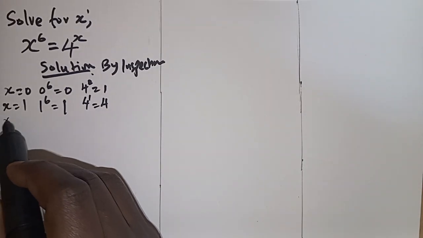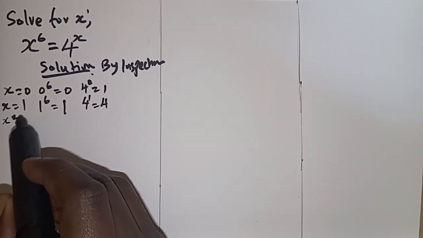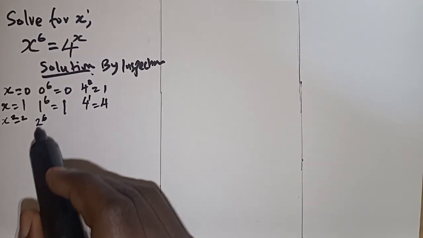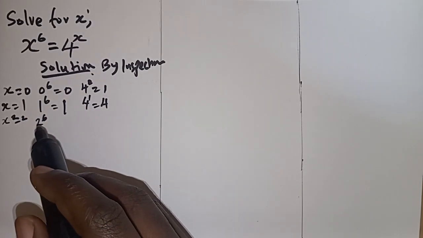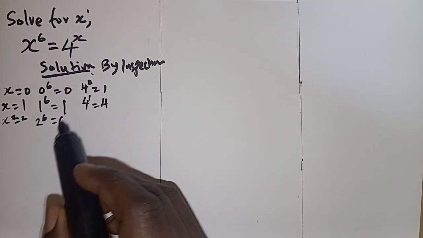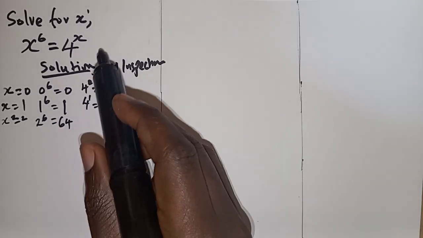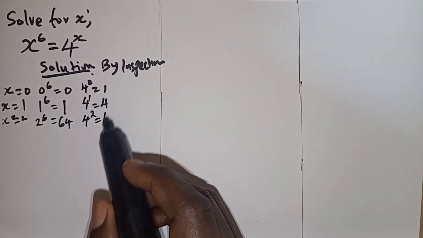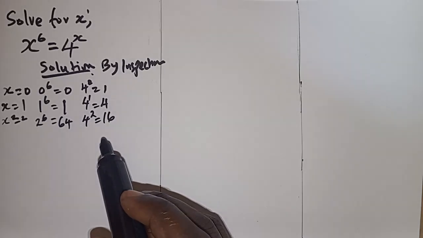Next, let's try when x is equal to 2. This becomes 2 to the power 6, which is 64, and on the other side, 4 to the power 2 gives 16.